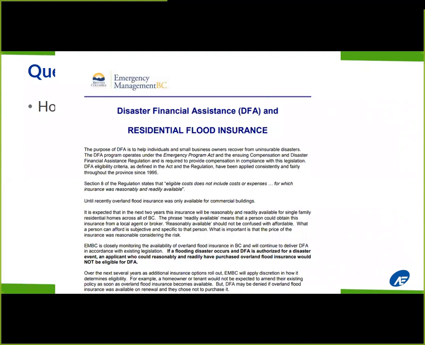So I was generally aware of this sort of thing, but one of the things I found interesting was that this letter was really intended to inform people that if there's no insurance product available, then you could potentially use the Disaster Financial Assistance Program. But what it's really saying in this case is that you can buy this overland flood insurance, and if it is available, you're not going to be able to get reimbursed.